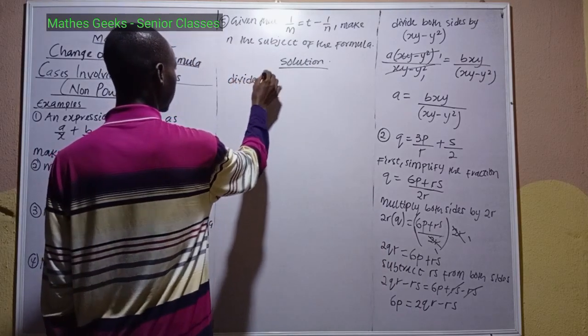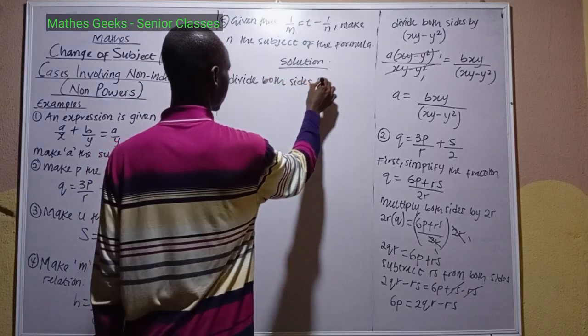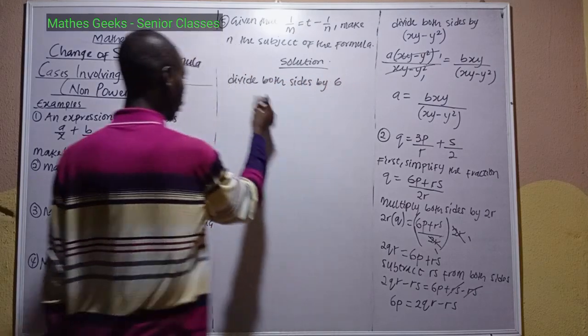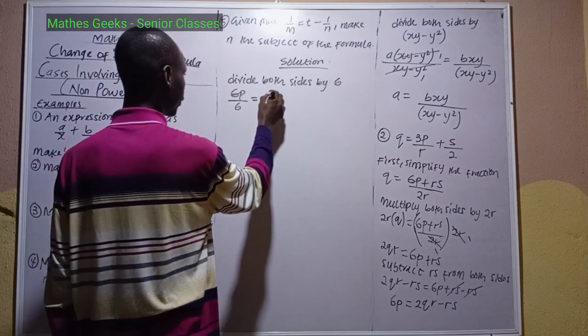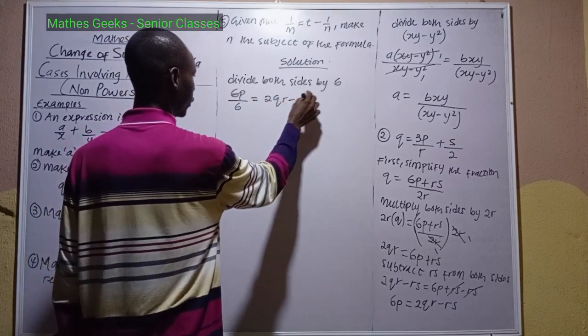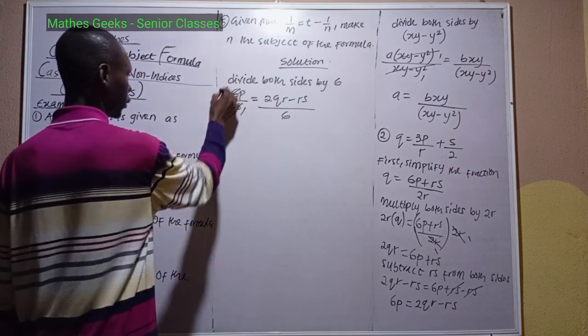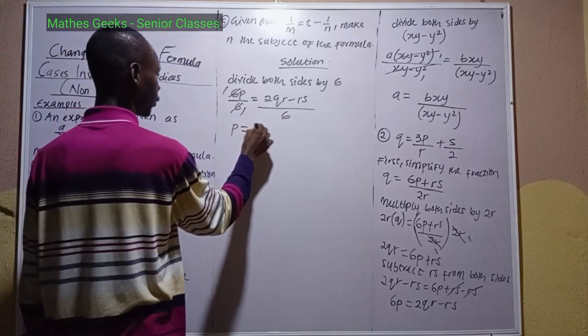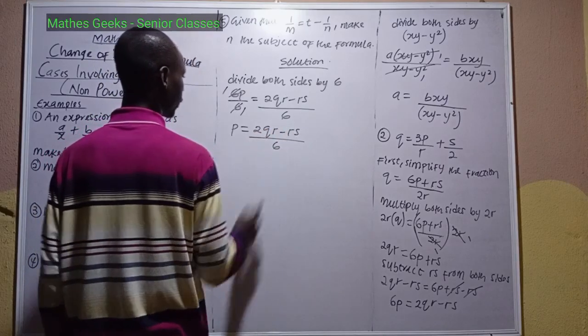So we divide both sides by 6. 6p over 6 equals 2qr minus rs over 6. 6 here 1, 6 here 1, so p is 2qr minus rs over 6.